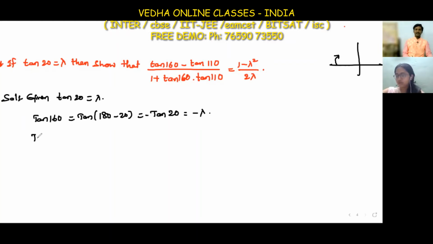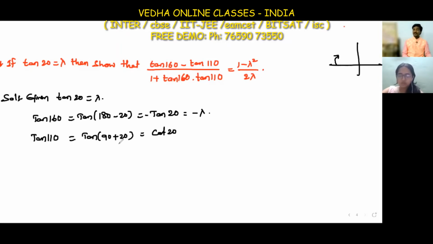Next, tan 110. Tan 110 is equal to tan of 90 plus 20. When we have the 90 degrees, for tan we replace with cot. So we can write it as cot 20.